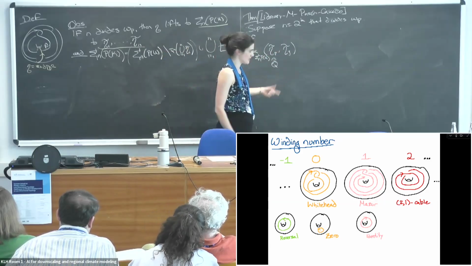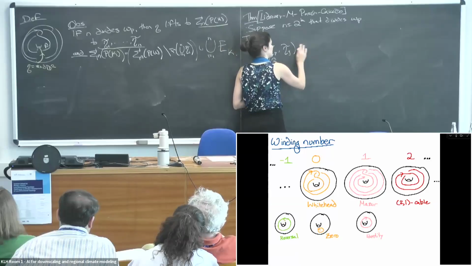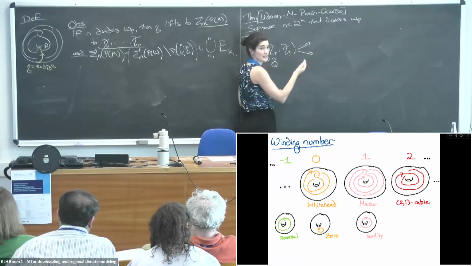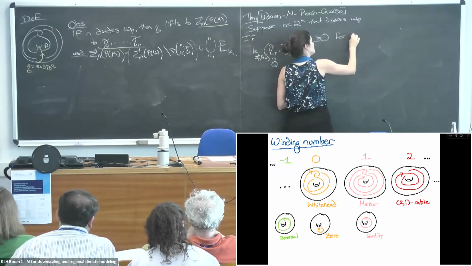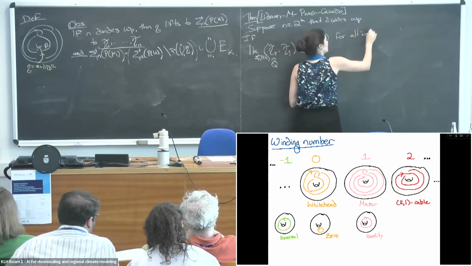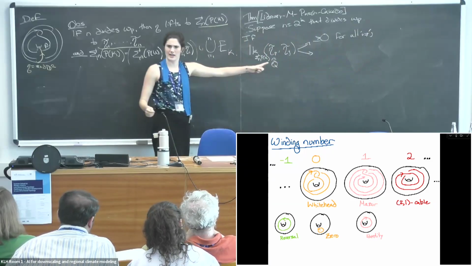So if this linking number satisfies two conditions, really. First of all, it's greater than or equal to 0 for all distinct i and j. It doesn't really make sense for i equals j.